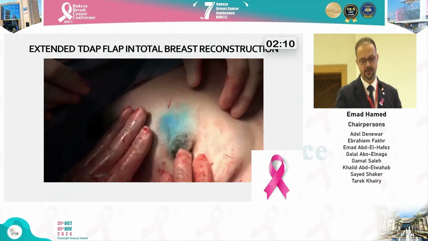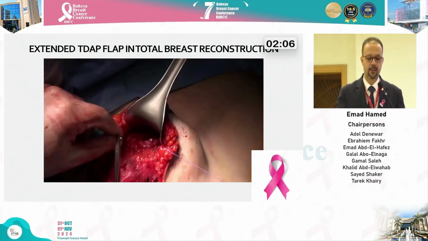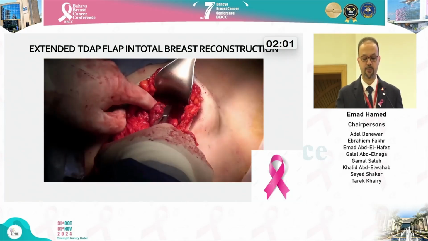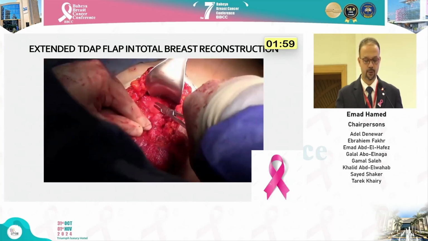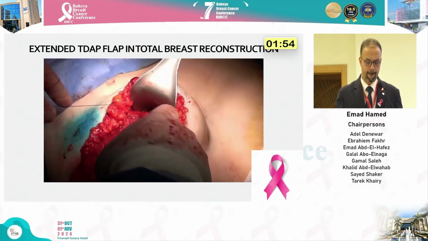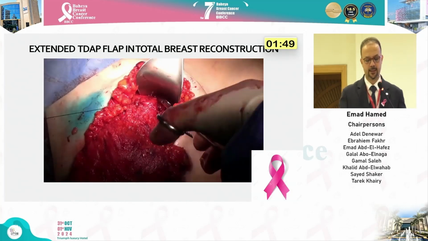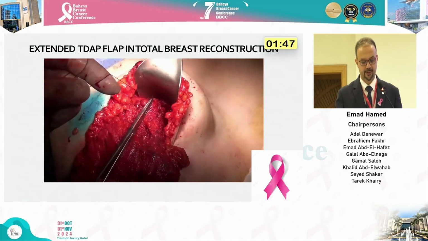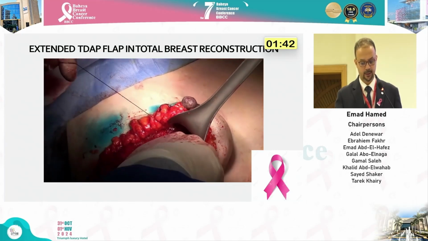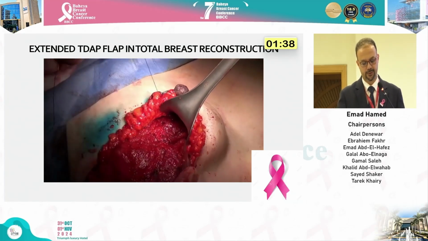The patient is placed at 45 degrees to ensure symmetry, and we take a stitch on the medial and the superior part to fix my flap, as you can see, to the prepectoral fascia, and the flap is fixed medially and superiorly using interrupted Vicryl sutures.